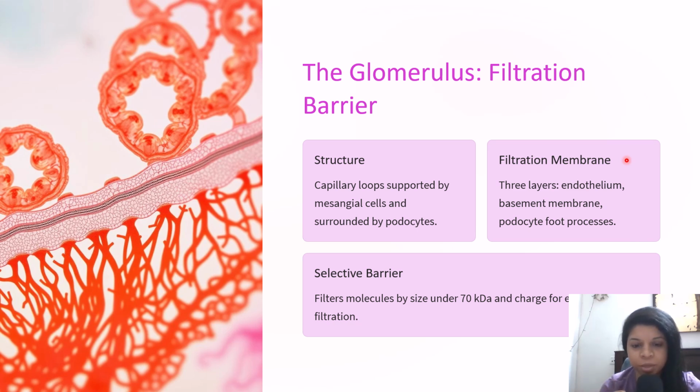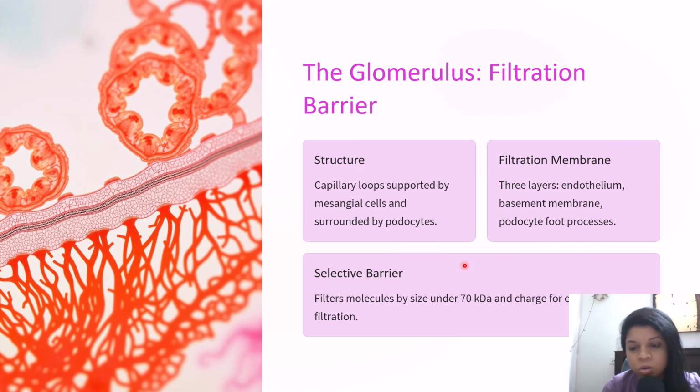Then the selective barrier, that is the filtration barrier, can filter molecules by size up to 70 kilodalton only. Molecules above that, more than 70 kilodaltons, are not filtered. Most of the proteins come under that category, so most of the proteins are not excreted through the urine.